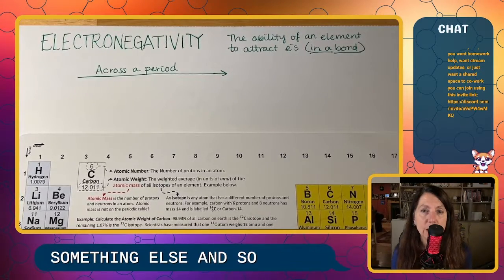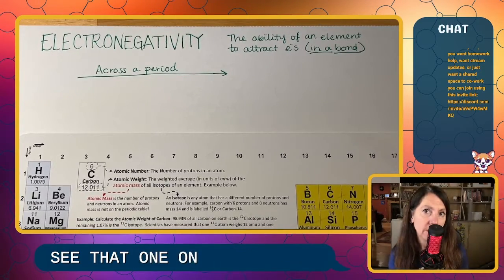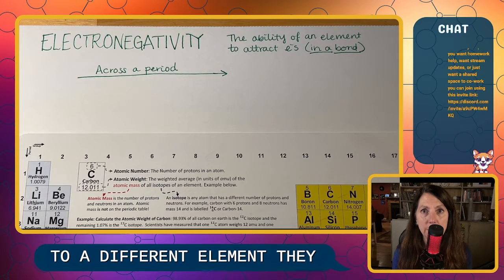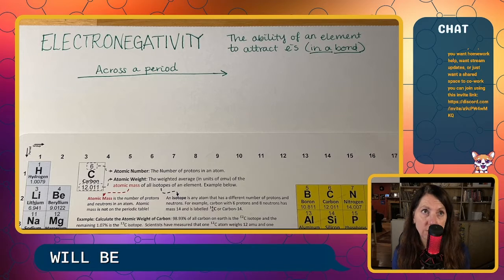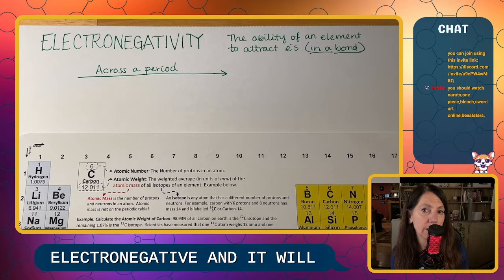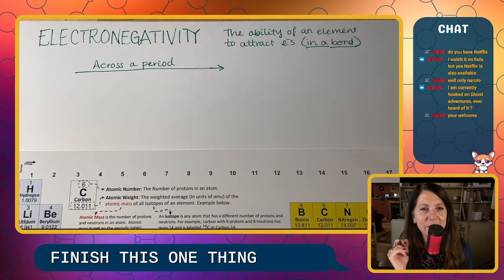And so you see that one element bonded to a different element, they will be either sharing those electrons equally, or one will be more electronegative and it will pull electrons towards itself.